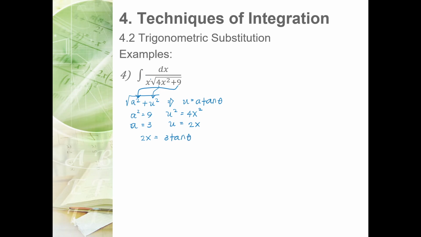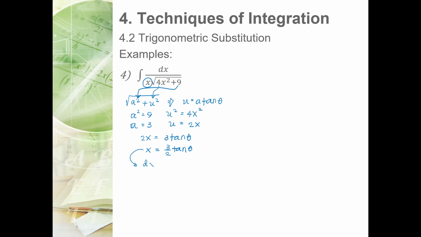Since the variable in the given equation is only in terms of x, we isolate x by dividing the whole term by 2. So x is equal to 3 halves tangent theta. We can now get its derivative.